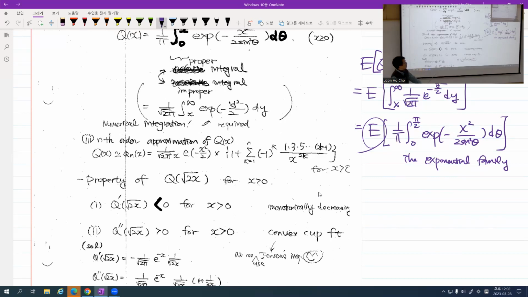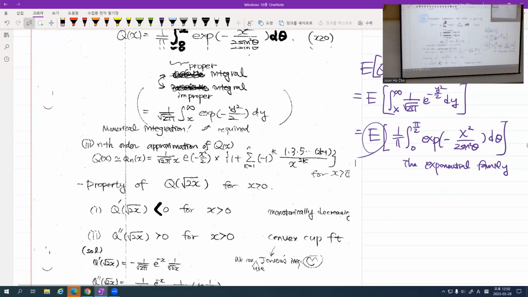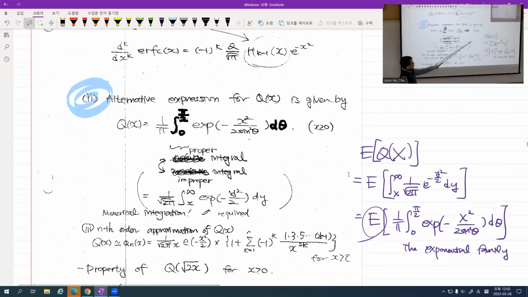So interestingly, the expectation of Q of x becomes a closed-form expression with some parameter. Got it? Even though Q of x must be tabulated. That appears again and again in digital communications. So what really happened is this. I remember Divsalar and Simon from JPL, two very famous kind of couple.